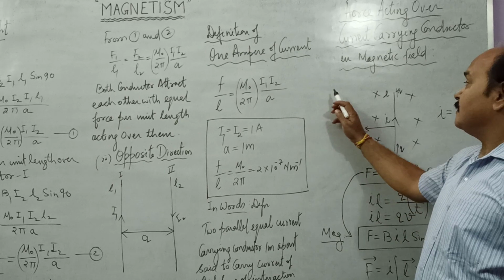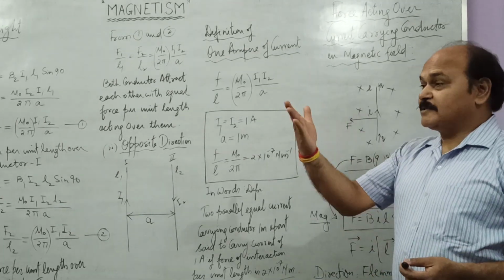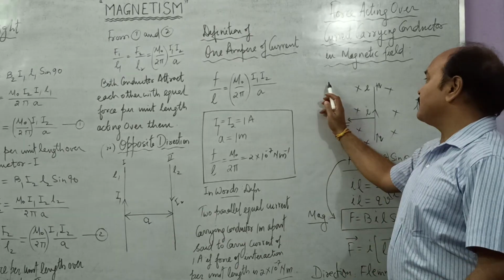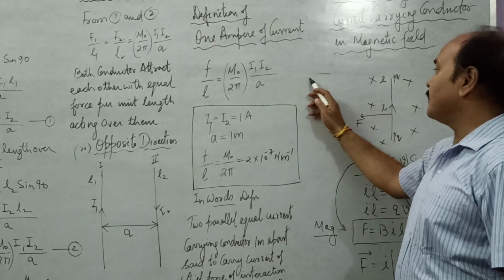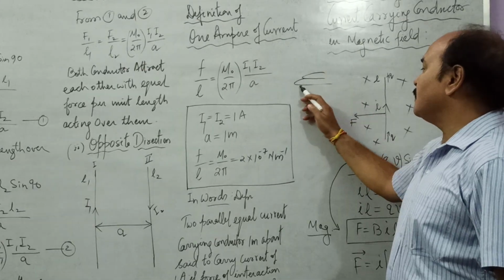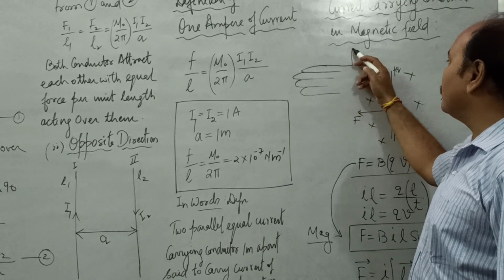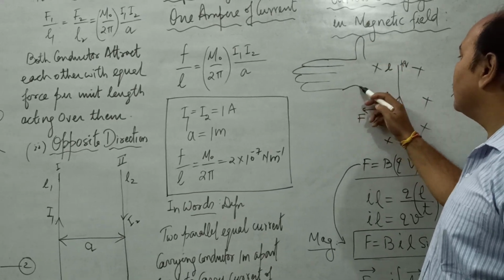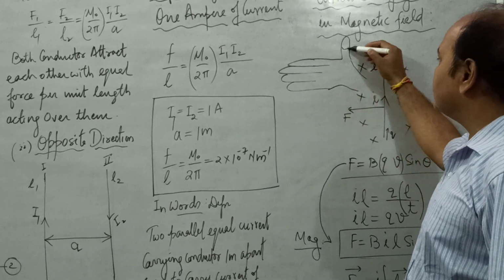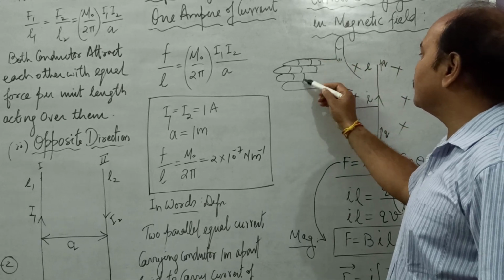One of the very important results is Fleming's right hand rule. What is Fleming's right hand rule? Fleming's right hand palm rule. So this is Fleming's right hand palm rule I am making for you. This is thumb. These are fingers of your hand.